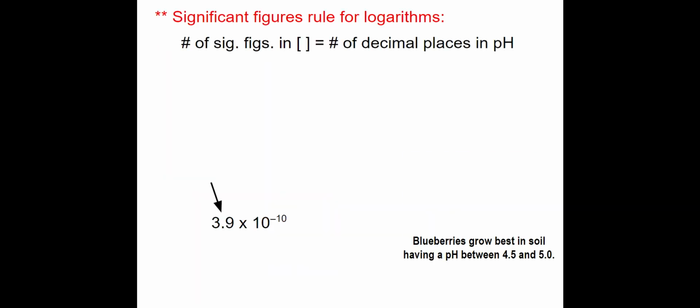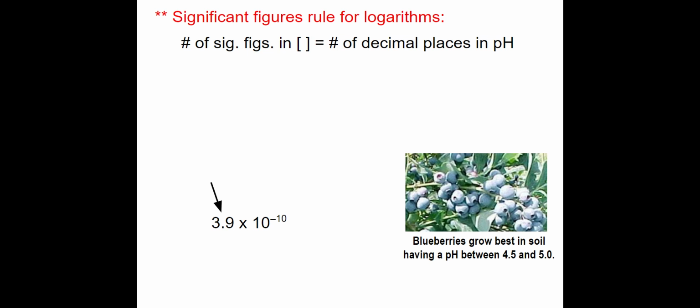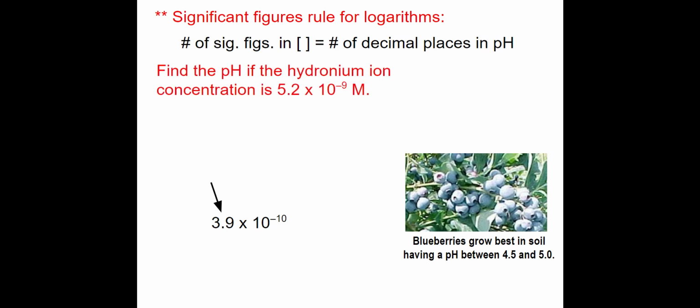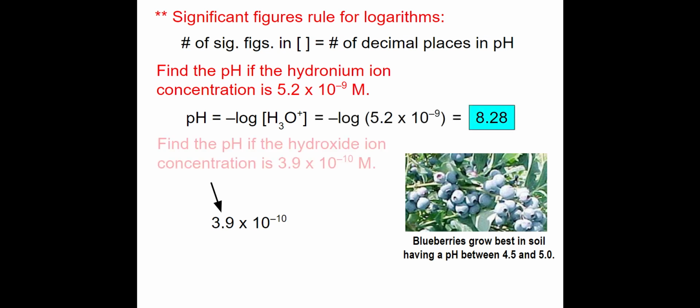For significant figures for logarithms, the number of sig figs in the concentration is the number of decimal places in the pH. So if I want to find the pH when the hydronium ion concentration is 5.2 to the negative 9th, I know the pH is equal to the negative log of that value. So I get 8.28. Since the concentration has 2 sig figs, I have 2 decimal places here.